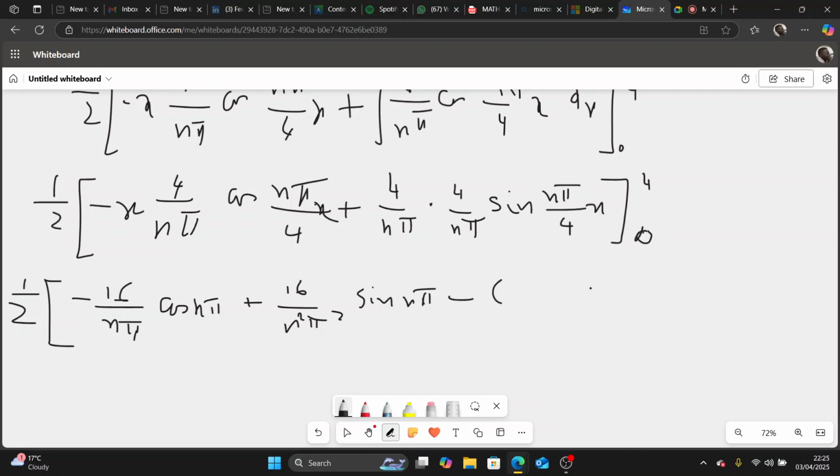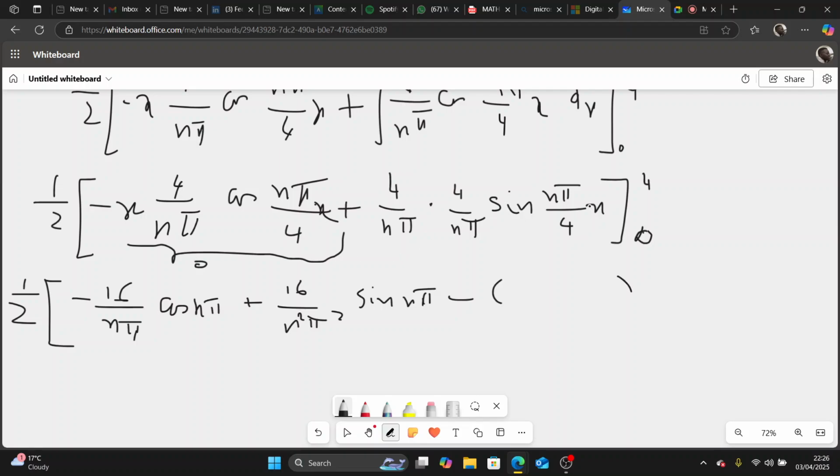On the lower limit here, manager, let me just save time. If you substitute, lower limit is 0. If you substitute 0 here, what's going to happen to this whole part? Remember, x is multiplying everything. If I put 0 here, it's going to be 0.